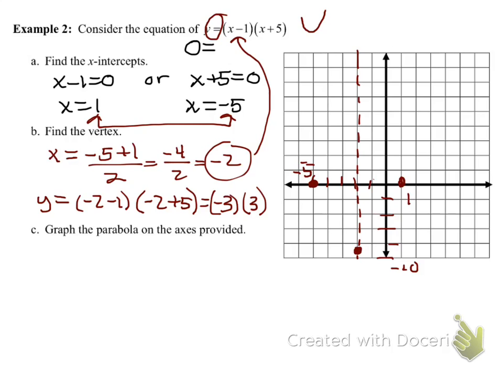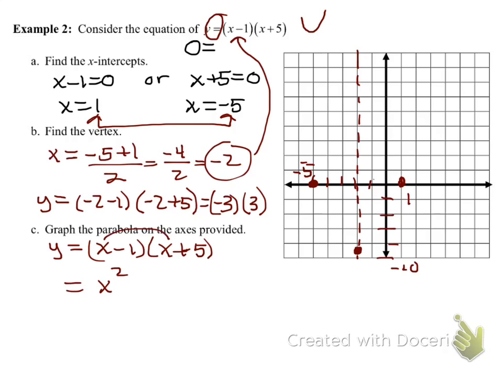If we were to put our equation into standard form by taking our y equals x minus 1 times x plus 5 and FOILing it, then we could know the y-intercept, we'd know another point and its reflection image, and we'd have a pretty good idea of the graph of this parabola.